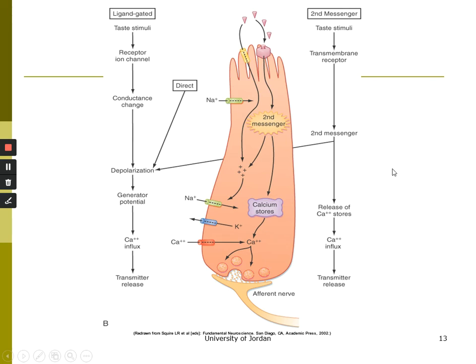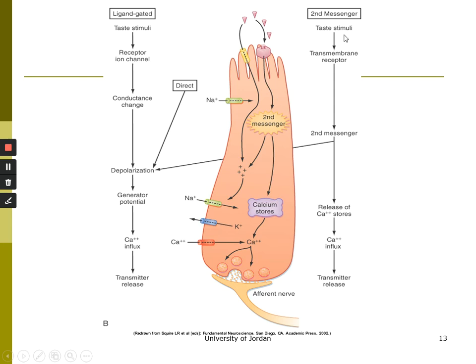Here are the other mechanisms. With ligand gated taste stimuli, the receptor ion enters, causing a conductance change. Conductance of ions, say an increase in sodium, causes depolarization and generation of a generator potential or receptor potential. Remember this from last year, causing calcium influx and transmitter release.